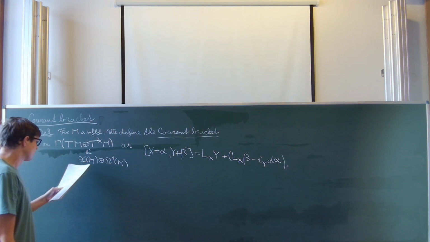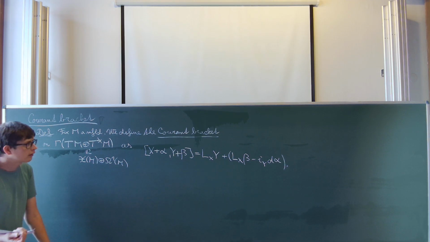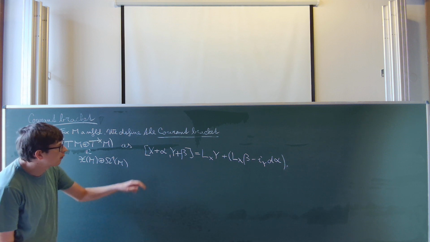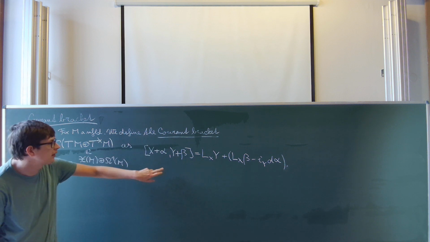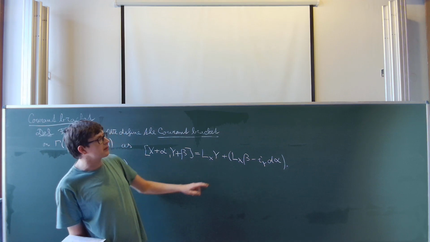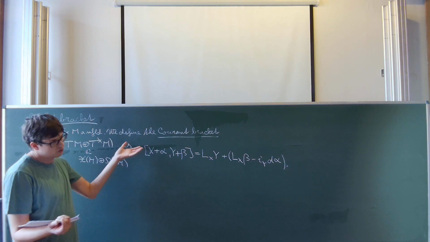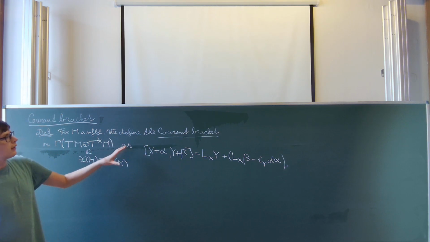So, comment. If you look into the literature, when people say Courant bracket, they often mean the antisymmetrized version of this, and not this. Note that this thing is not antisymmetric. Instead, they would call this differently, Dorfman bracket or something like that.